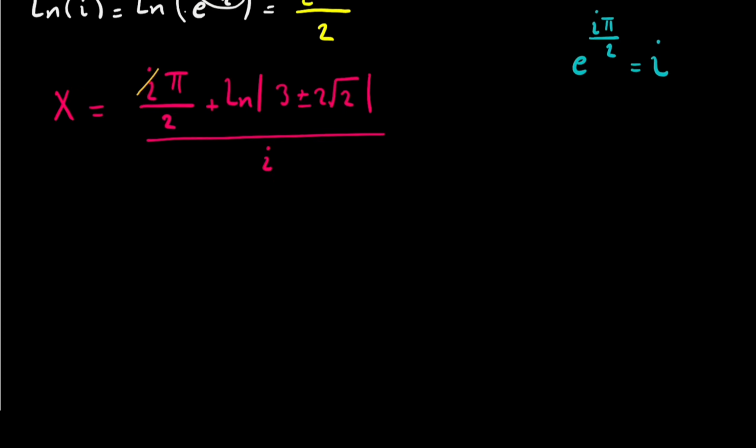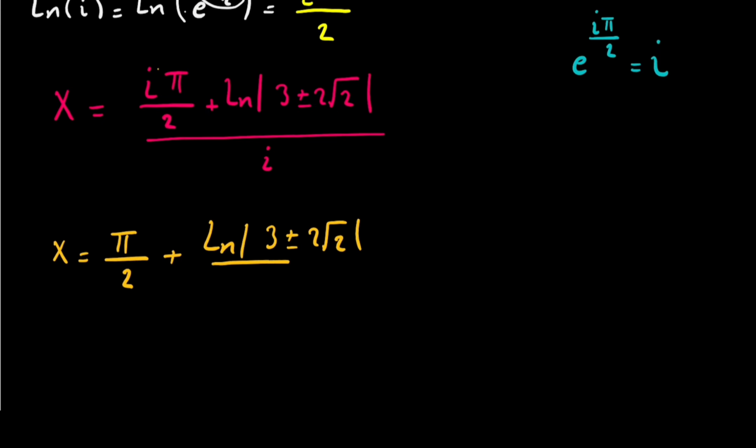I think, let me not do this, sorry, mistake. Yes, x will be equal to π divided by 2 plus ln absolute value of 3 ± 2 times the square root of 2 divided by i.